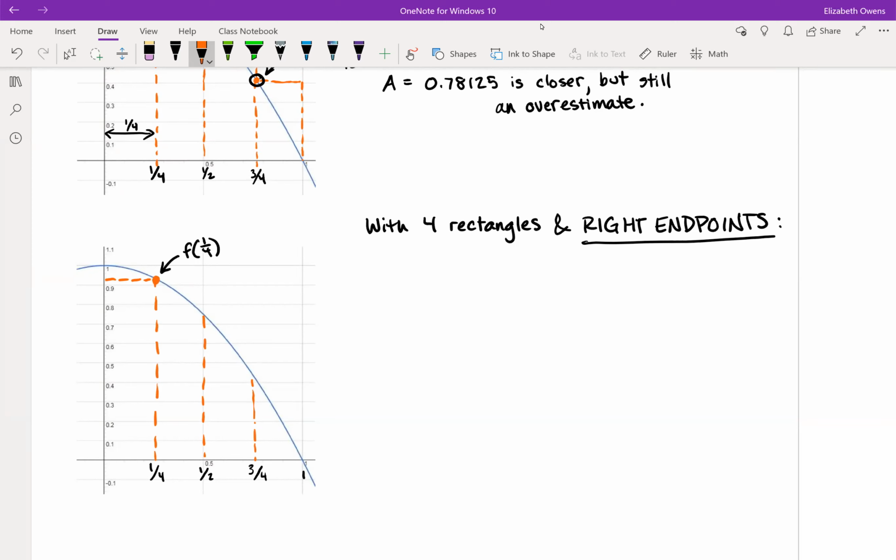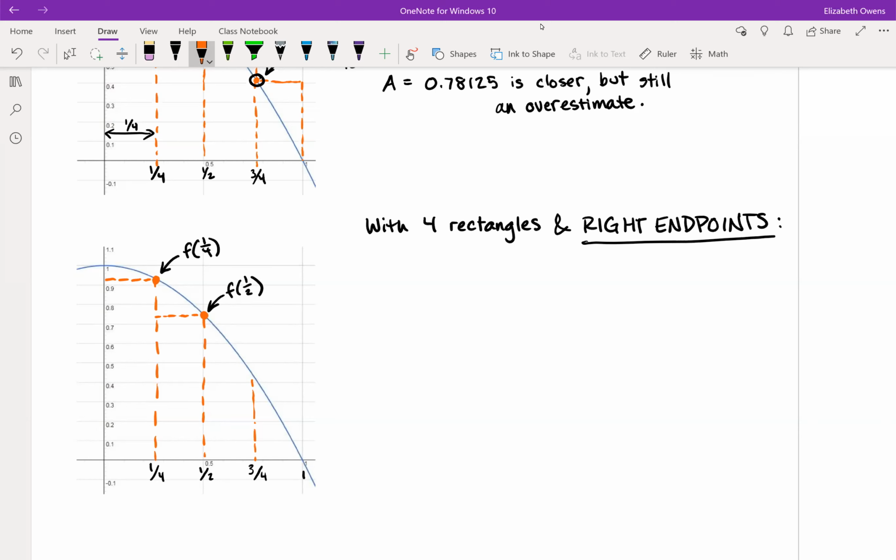For the second rectangle, here's the left side, here's the right side. So that second one, the point 1/2, this is our right endpoint. And we're going to use it to set the height of the second rectangle. So we go up there, and that is going to be the height of rectangle number 2, f of 1/2.